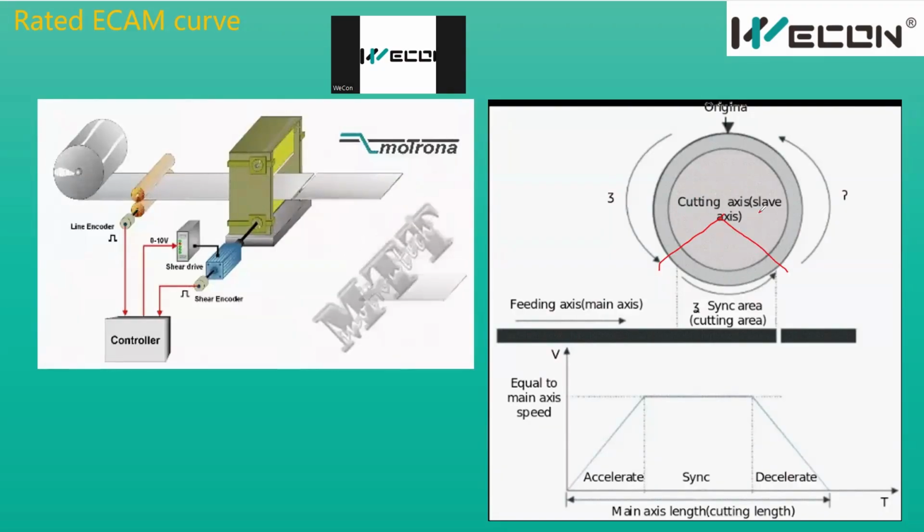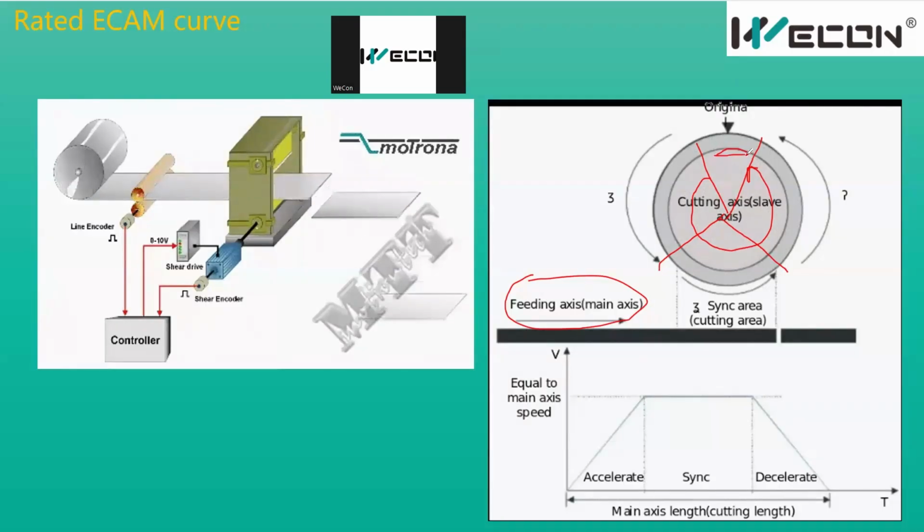of 360 degrees. If you set the sync area, for example, this long, it means during this angle, the cutter will have the same speed as the feeding axis. So it also means the cutter only has this very small space to adjust its speed.